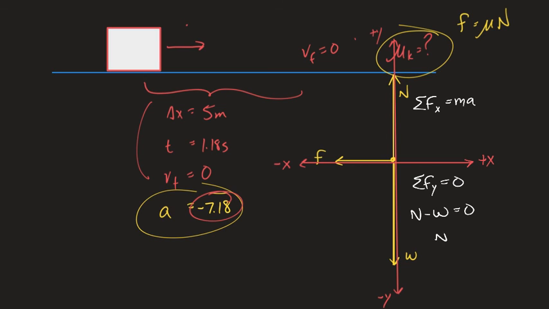So normal equals mg. Negative friction equals ma. There's only one force in the x direction, it's friction. Do you have a way of finding the frictional force and the normal force now?